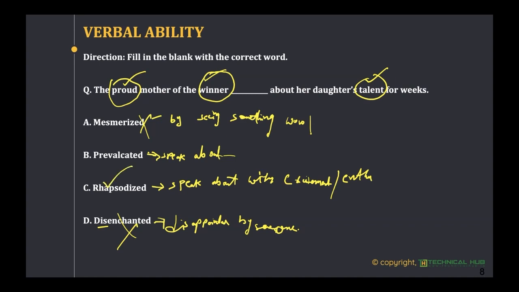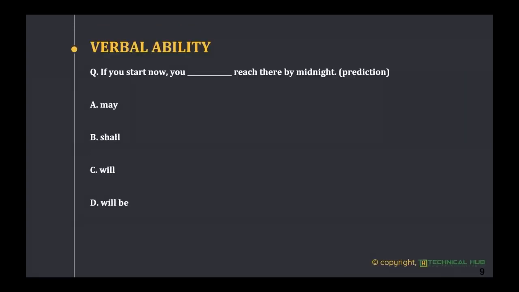Next one. If you start now, you dash reach there by midnight. Now this is a prediction. You definitely will reach.